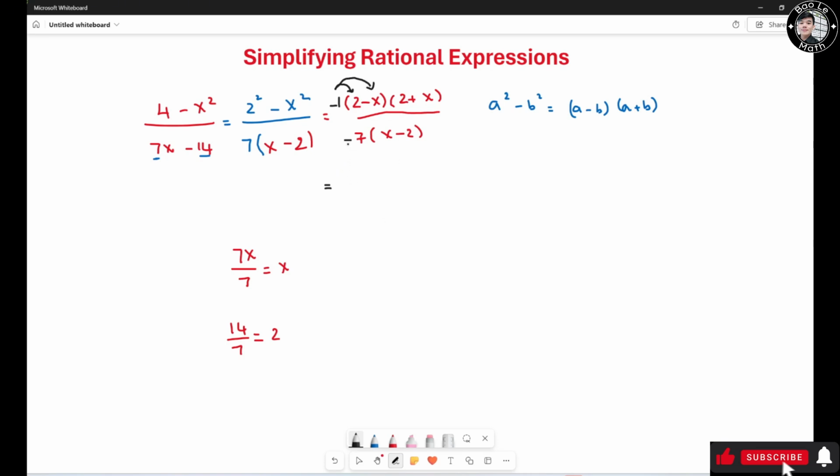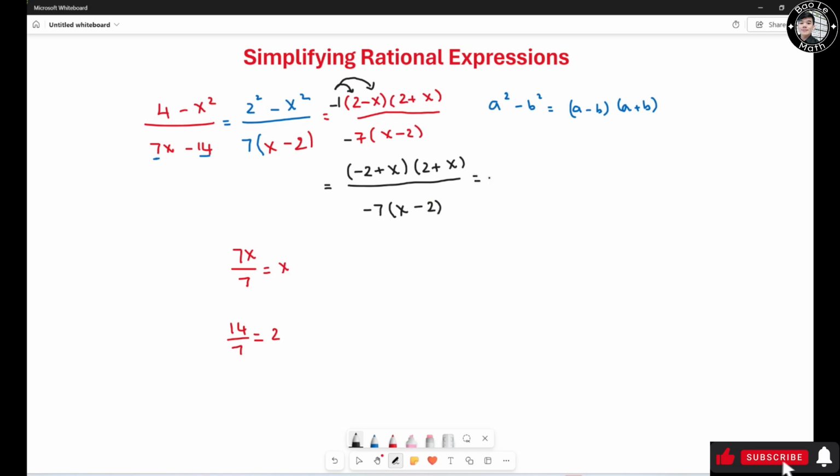Alright, so I have -1 times 2 is going to be -2, right? -1 times -s means plus s, right? And then this one I just rewrite 2 plus s. The bottom right here I have -7 times s minus 2.